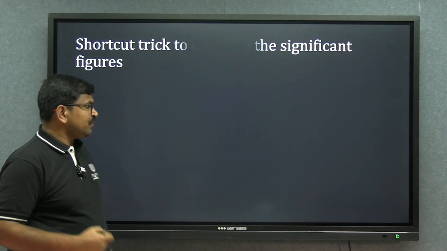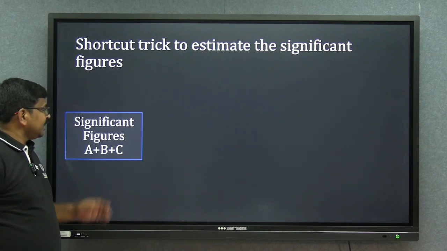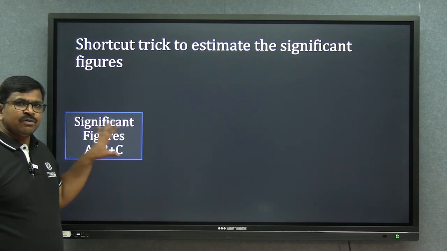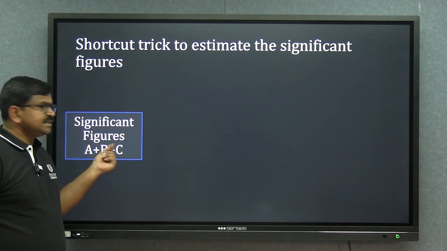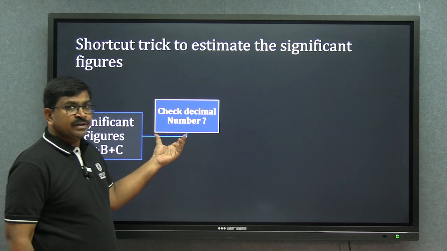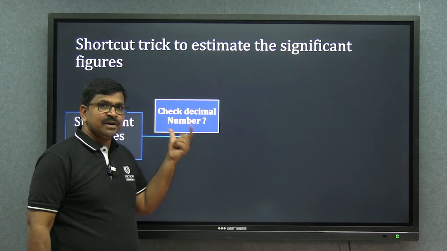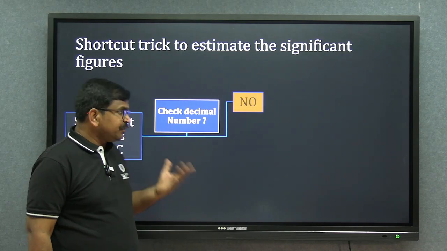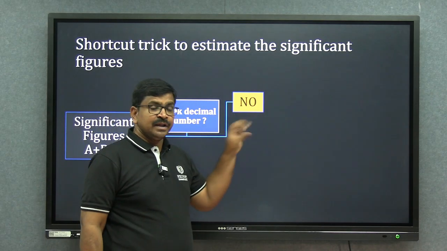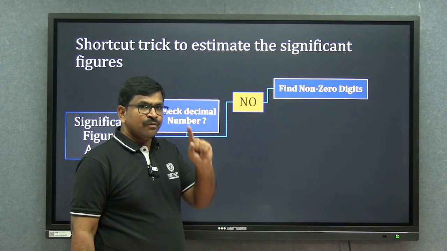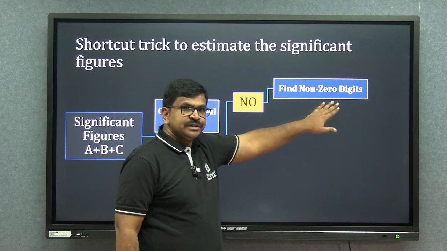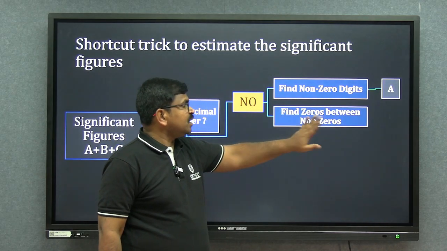For that, first we take any quantity and we have to estimate A, B, C. First we check whether the given quantity is a decimal number or not. If it is not a decimal number, then we get non-zero digits, and zeros between the non-zero digits.